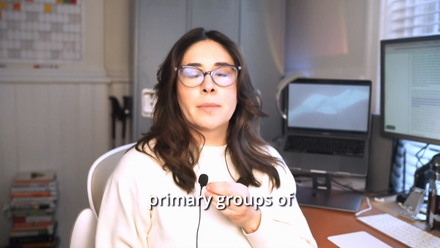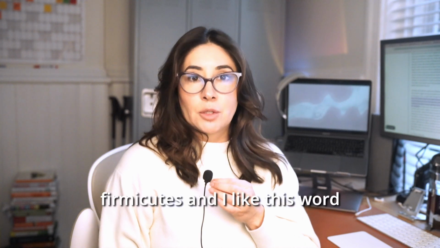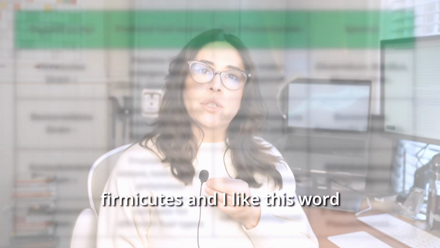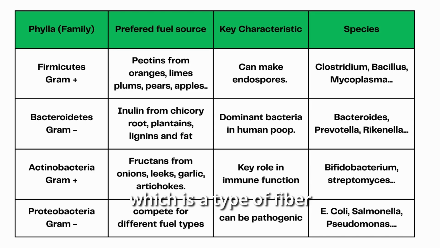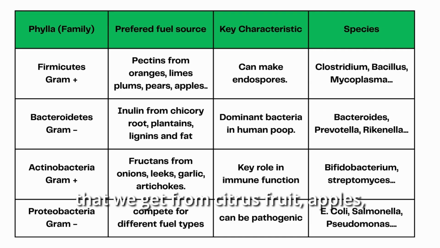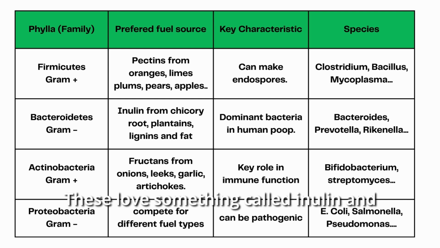So the four primary groups of bacteria that live in the gut are firmicutes, and I like this word, firmicutes. These love pectins, which is a type of fiber that we get from citrus fruit, apples, pears, etc. And then there's the bacteroidetes.